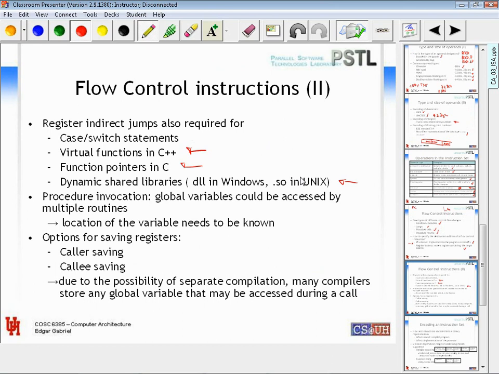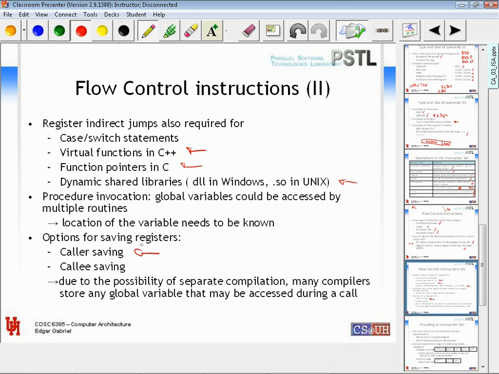And you have actually two options. The question is: is the procedure that is calling the other subroutine responsible for saving the contents of the current temporary variables or whatever? That is called caller saving.